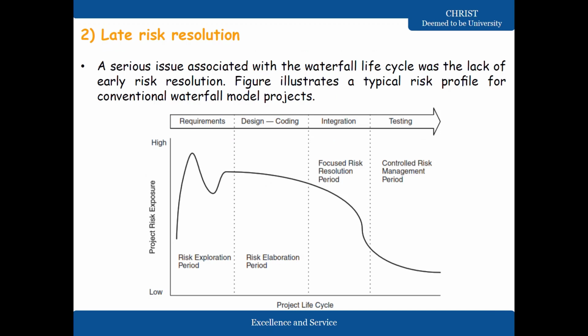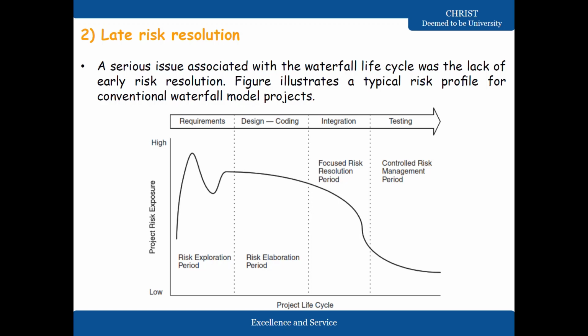Now, the second point is late risk resolution. If risk is so important, we have to maintain and manage risk, and we have to take risk when it's needed. But at the same time, we have to be careful about the worst case scenarios of taking risk. A serious issue associated with the waterfall lifecycle was a lack of early risk resolution.